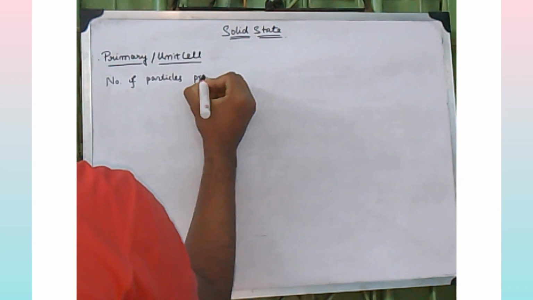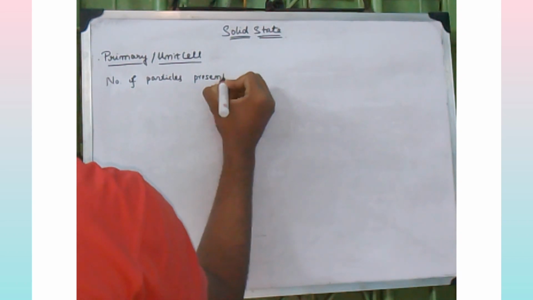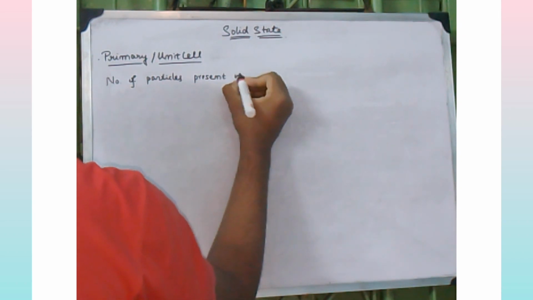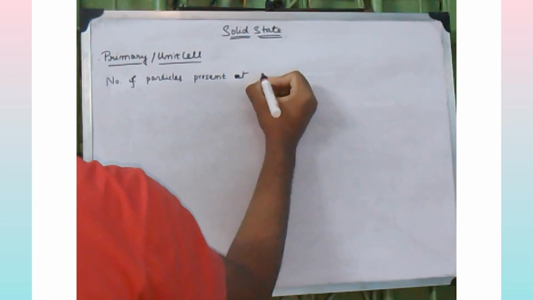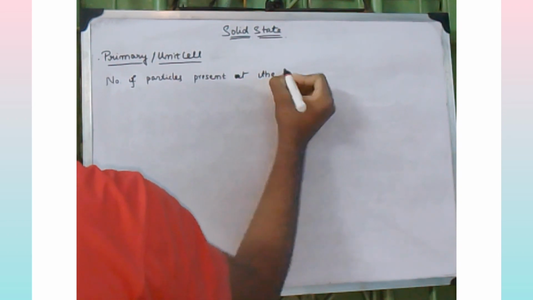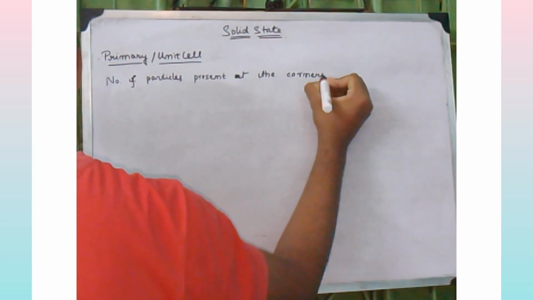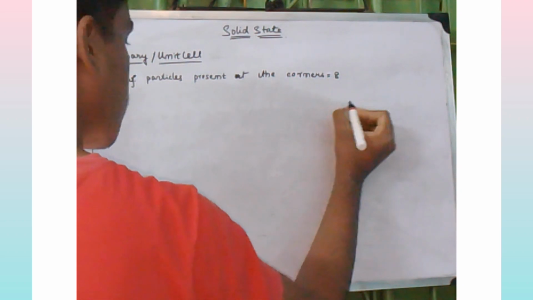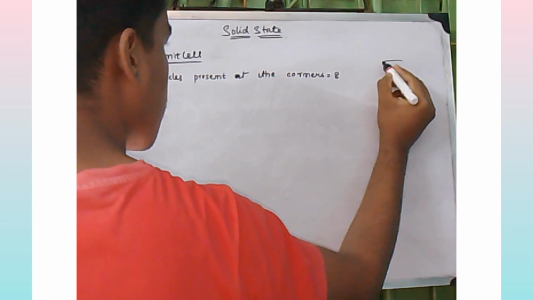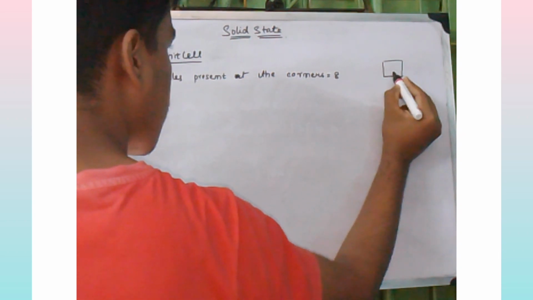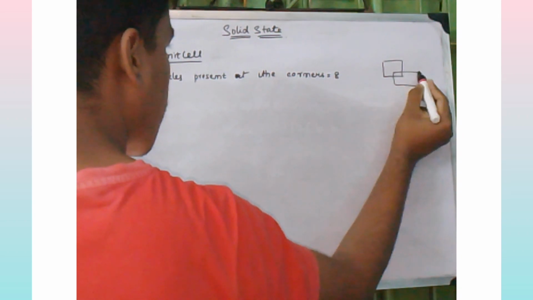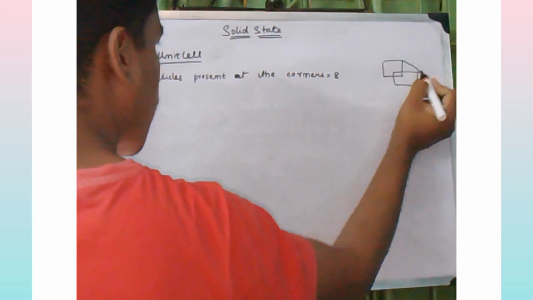In this primitive unit cell, the constituent particles are present only at the corners of a cube. A cube consists of 8 corners. Since each corner atom is shared by 8 unit cells, the contribution of each corner atom is 1/8 to the unit cell.